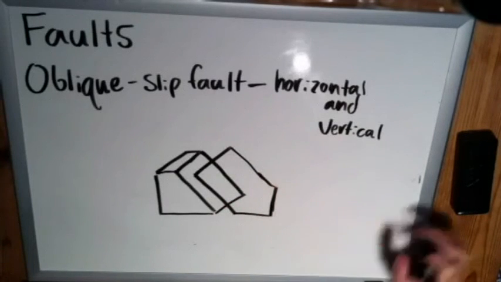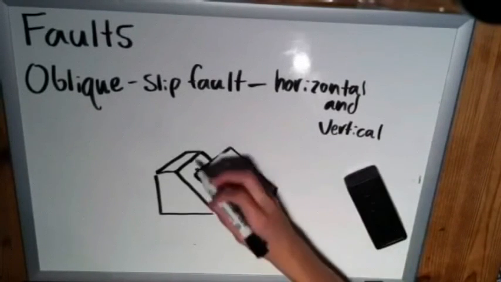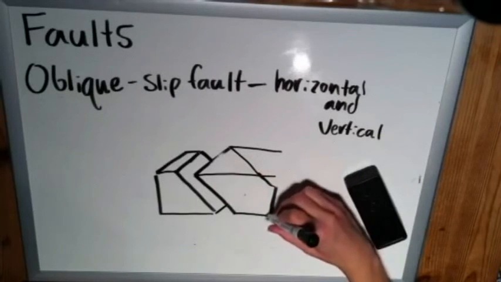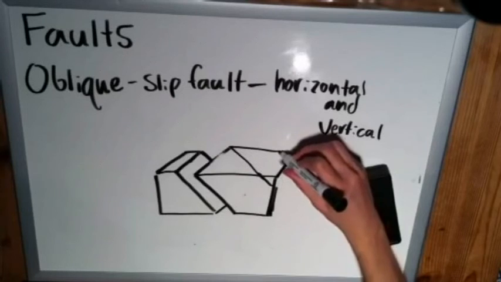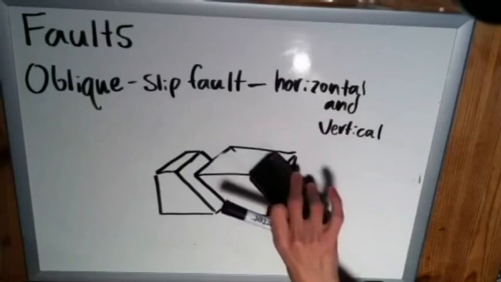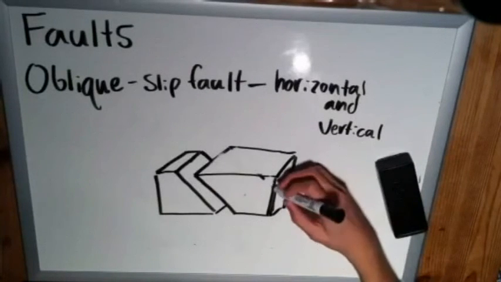Something about that doesn't look right. That's right, it needs a top. That looks better. Three-dimensional drawing on the spot. It's not the easiest thing.